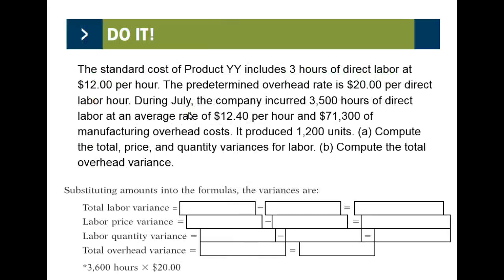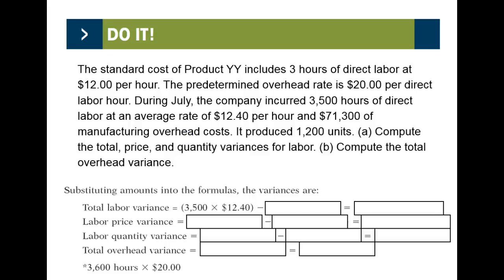So let's look at this problem, guys. The standard cost of product YY includes 3 hours of direct labor at $12 an hour. The predetermined overhead rate is $20 per direct labor hour. During July, the company incurred 3,500 hours of direct labor at an average rate of $12.40 and $71,300 of manufacturing overhead cost. It produced 1,200 units, so we need to figure out the total, the price and quantity variances, and the overhead variance.